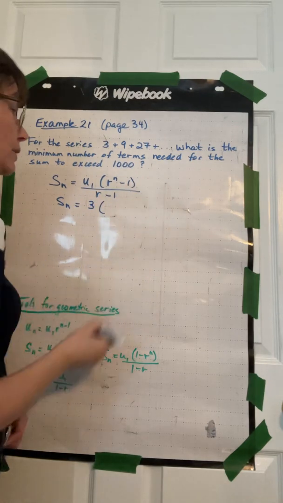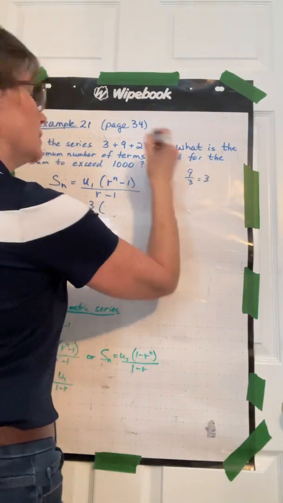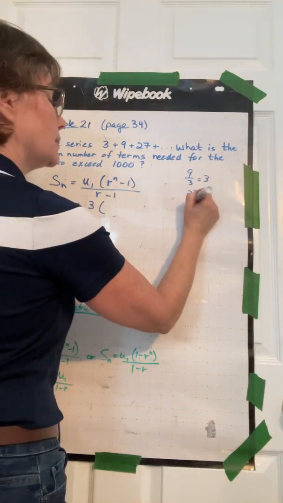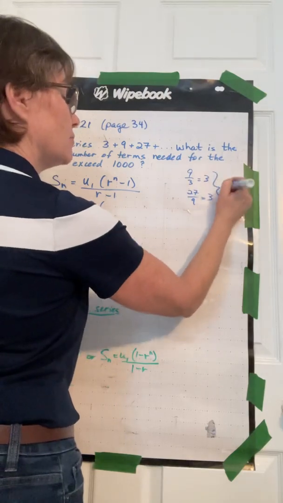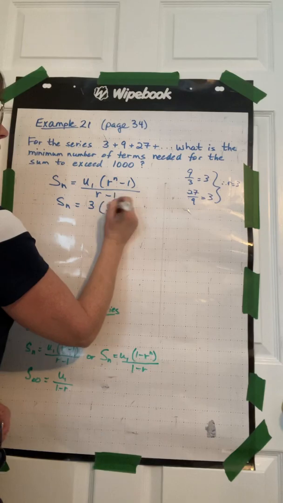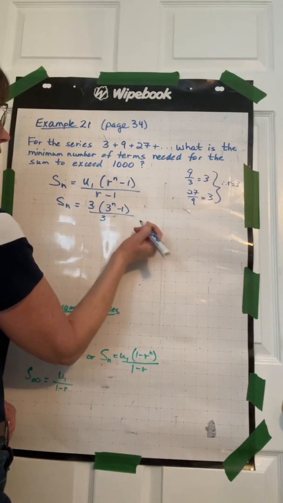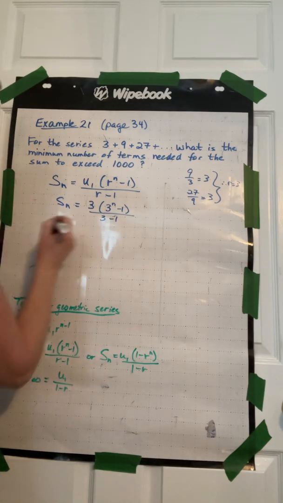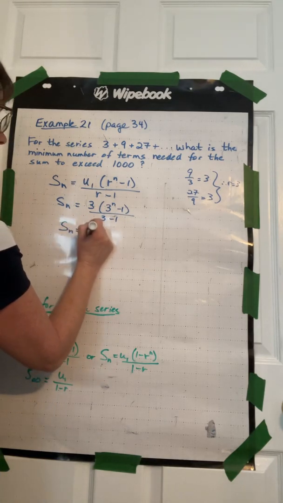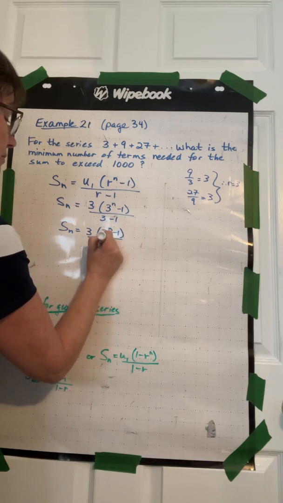And r we can calculate because 9 divided by 3 is 3, and 27 divided by 9 is 3. So therefore r is 3. So r is 3, to the power of n, minus 1, all over r, which is 3 again, minus 1. Okay, let's simplify it. So we have over 2 there.